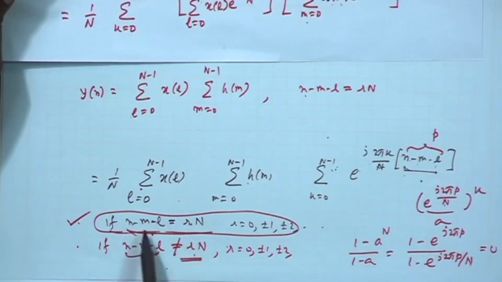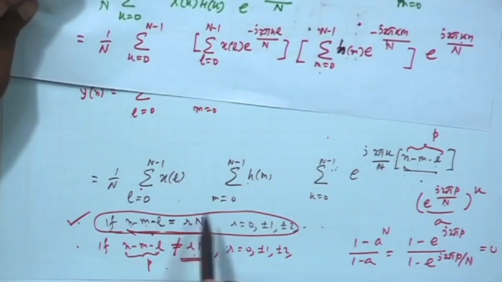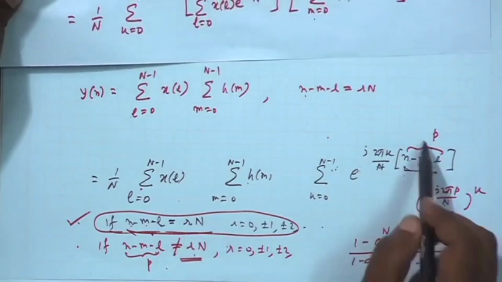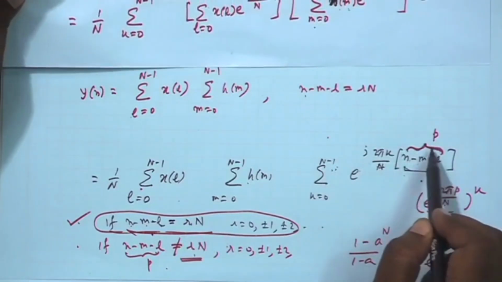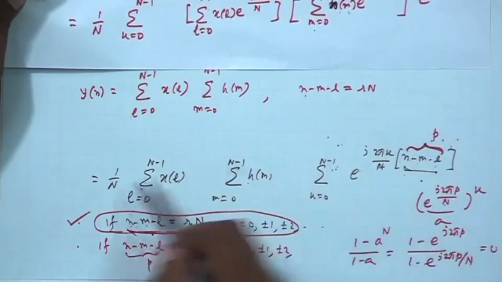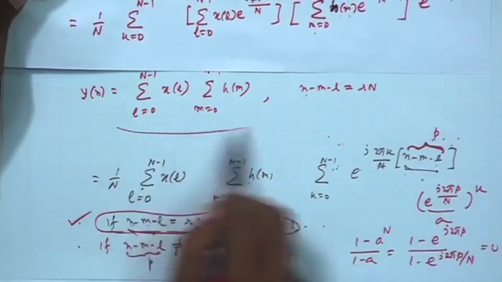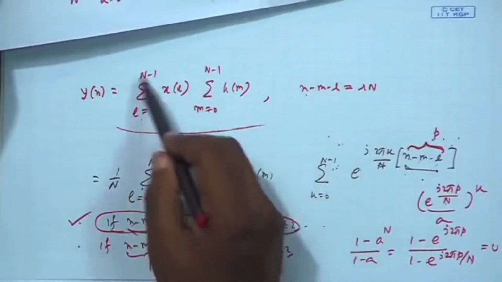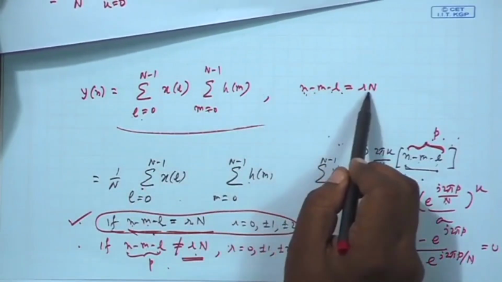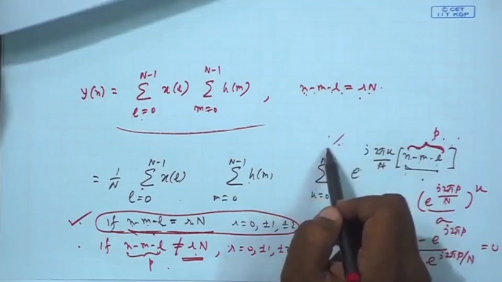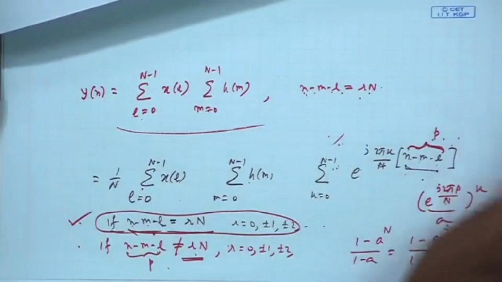So we consider only the case where n minus M minus L is r into n. In that case this summation is capital N, n cancels, and you are left with this summation. But the constraint is that M and L should be chosen from this range so that n minus M minus L is of this form, and then whatever you get will be your y n.